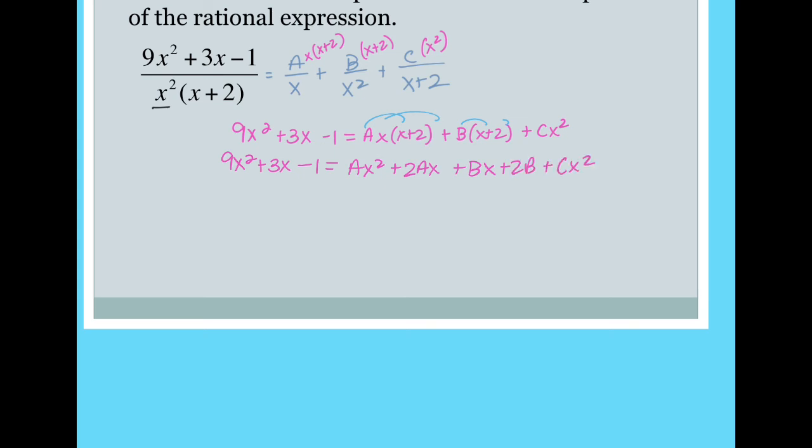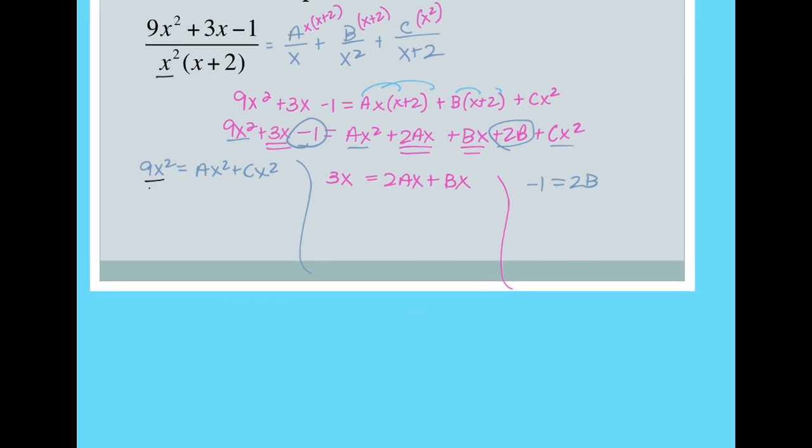Group together all of the x squared terms. So 9x squared equals ax squared plus cx squared. All of the x to the first terms, 3x equals 2ax plus bx. And the constant, negative 1 equals 2b.